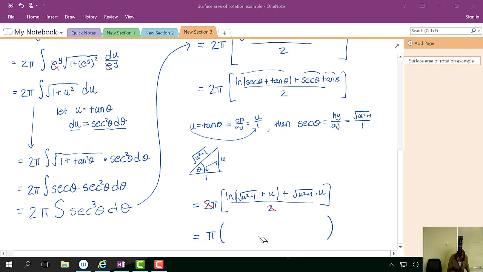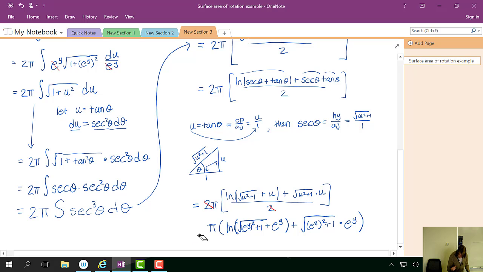Natural log square root e to the y squared plus 1 plus e to the y, plus square root e to the y squared plus 1 times e to the y. And we know our bounds are from natural log of 2 to natural log of 5.